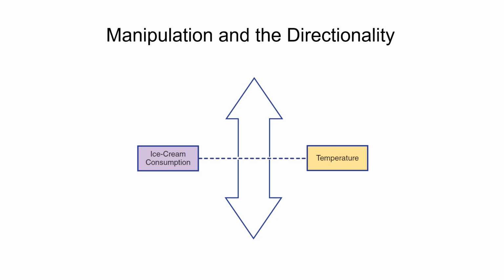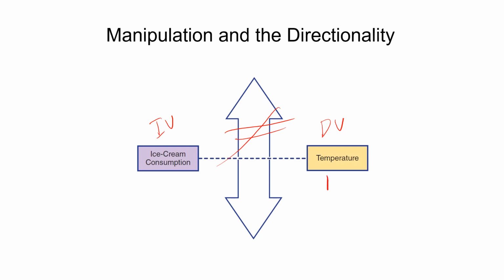Well, let's say I made the ice cream consumption the independent variable, and I gave one group of people ice cream, and one group of people a glass of water, something else similar but not the same, or a bowl of chili, let's say. But then we would measure the dependent variable, and there'd be no association there because eating ice cream isn't going to change the temperature outside.